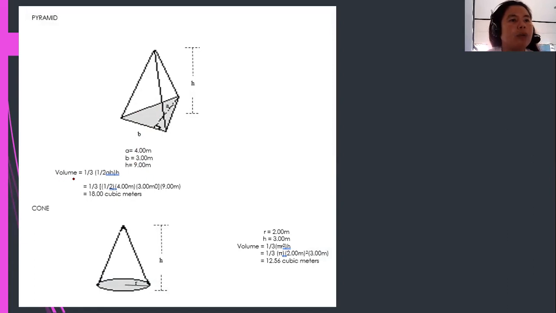So the volume is equivalent to 1/3 times 1/2 AB times H. So 1/3, 1/2 times 4 meters, where B is 3 meters, and H is 9 meters. So you are going to multiply all of these. The answer is 18 cubic meters.